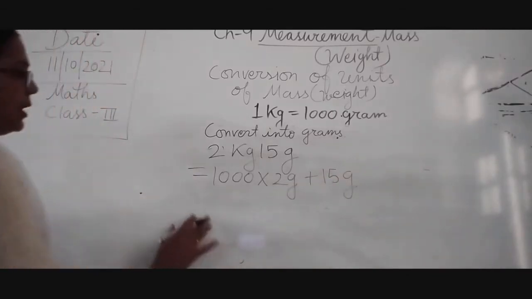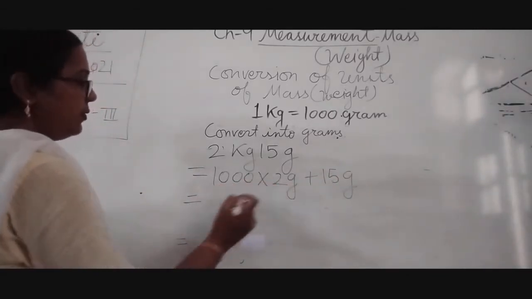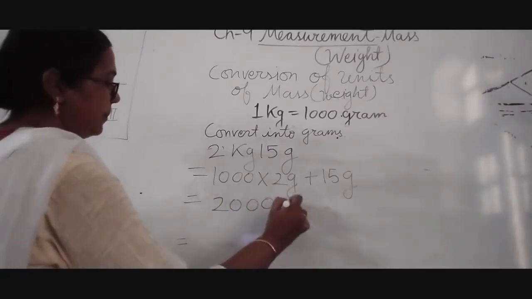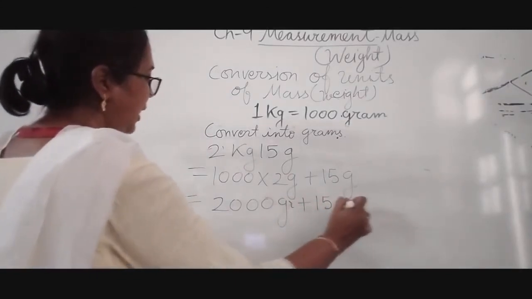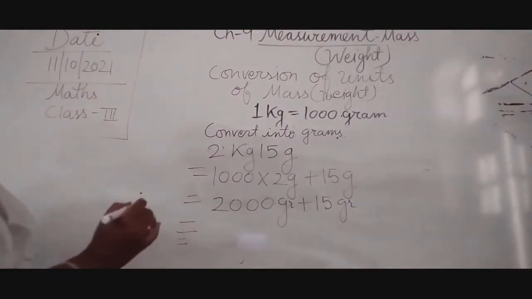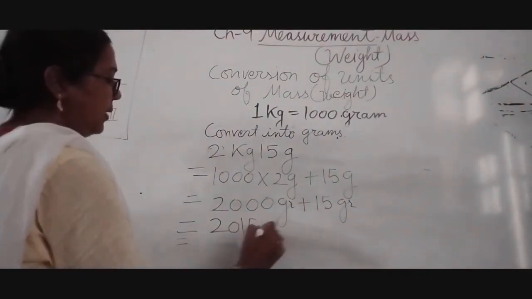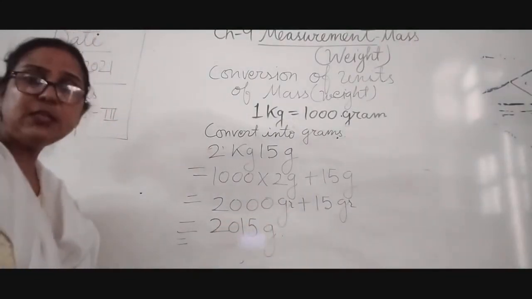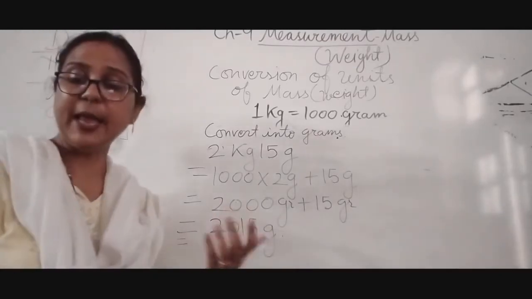After the multiplication by 1000 we will get 2000 grams plus 15 grams. Now here the answer you will get is 2015 grams. This is your answer. So children, as we have seen in these examples, we will do in the exercise also.